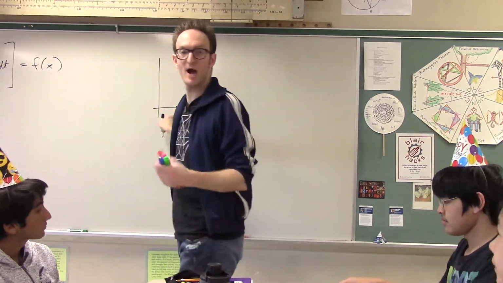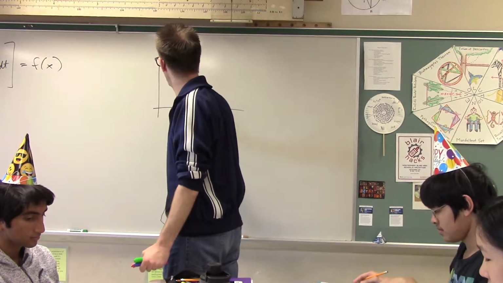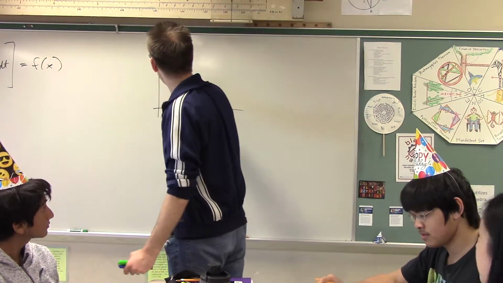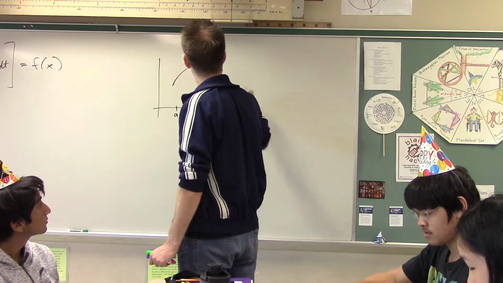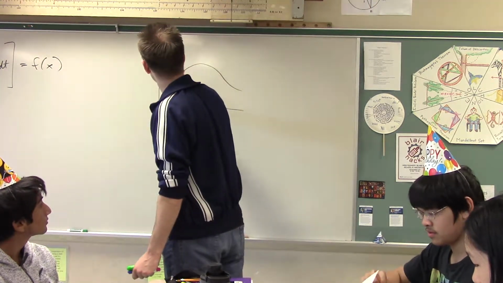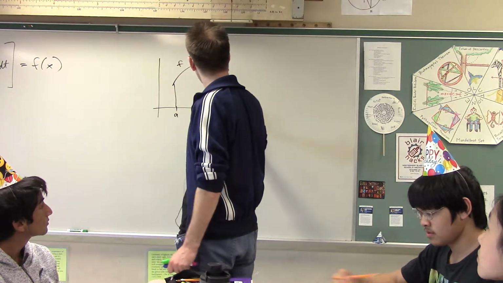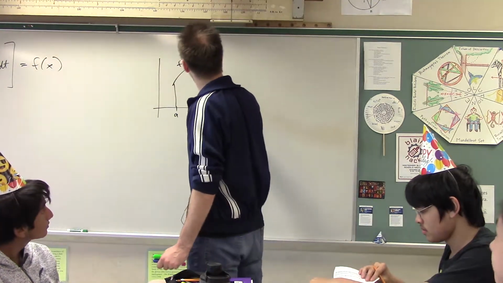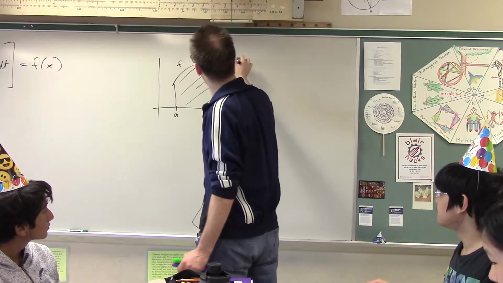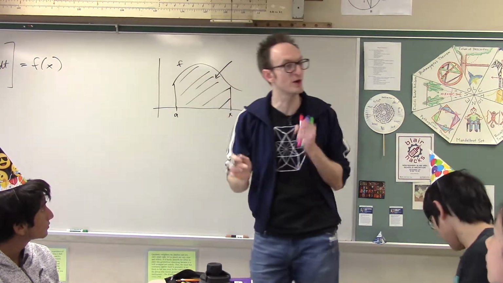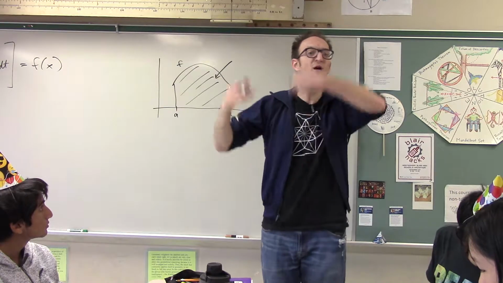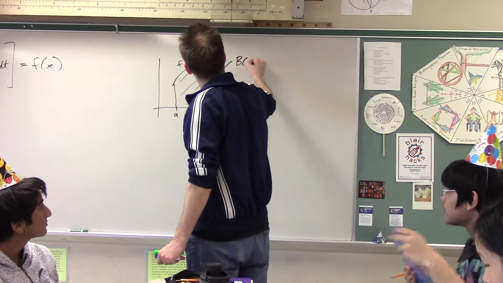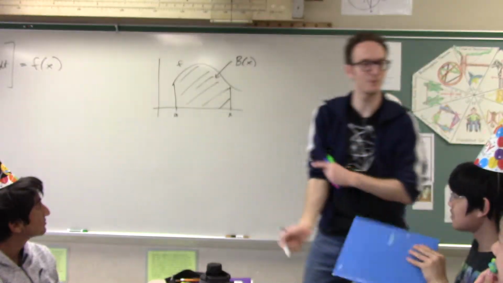We start somewhere, who cares where, let's call it little a, and then we have some function, and let's call the function f. And what we're doing is thinking of all the area accumulated so far as its own function. Let's call this function big B, for bunch of area we got.